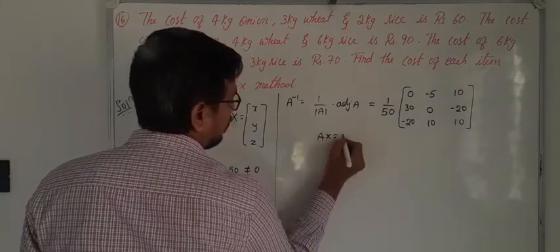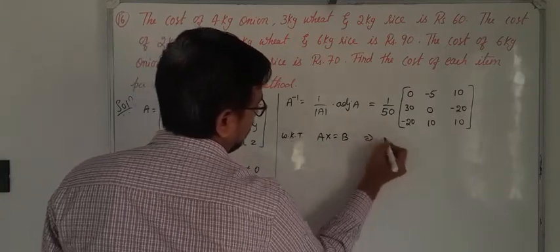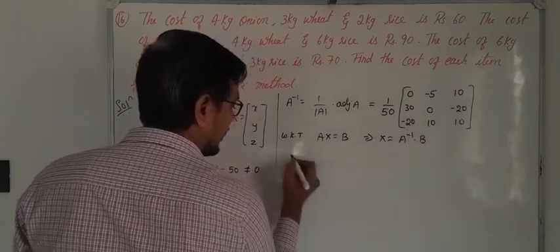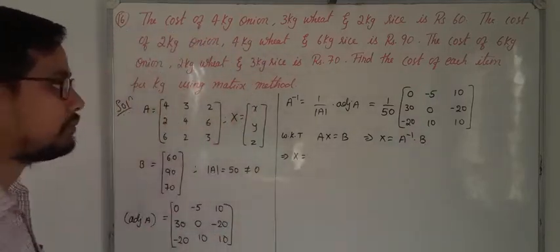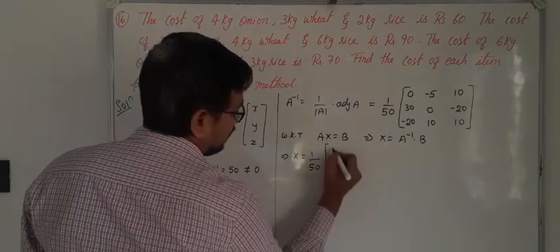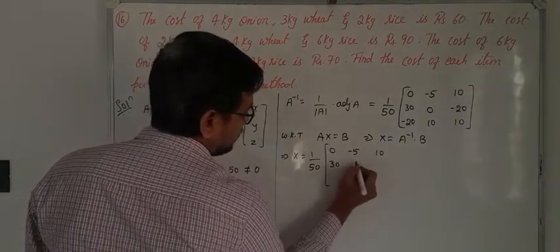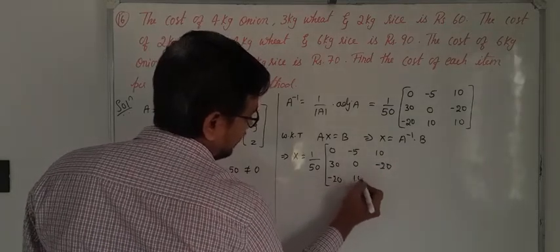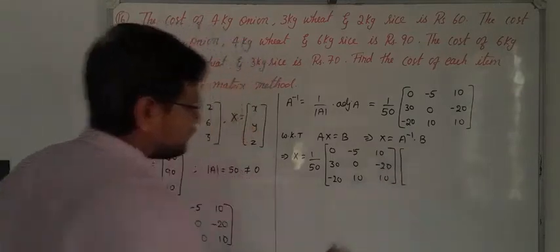Ax is equal to B, X is equal to A inverse into B, right? X is equal to, what is A inverse? 1 upon 50, 0, minus 5, 10, 30, 0, minus 20, minus 20, 10, 10. What is B?